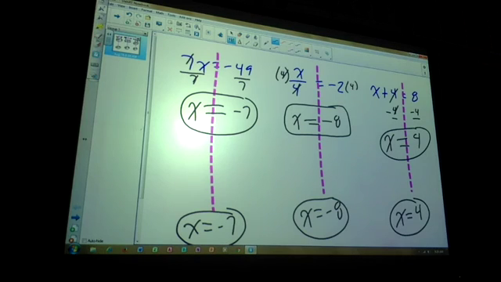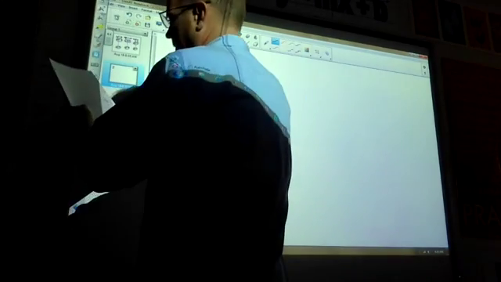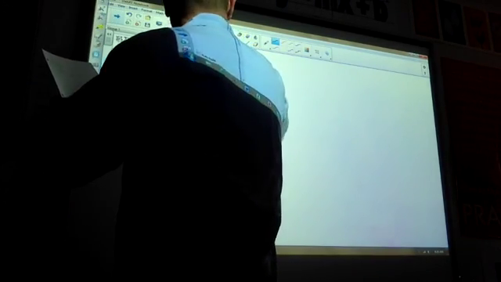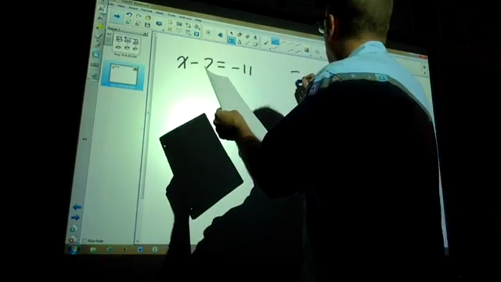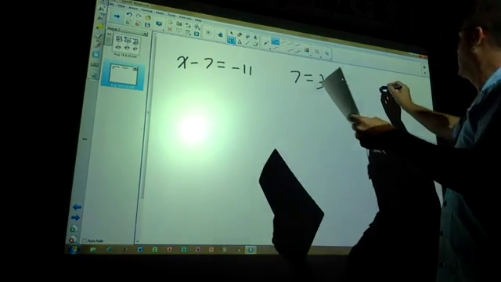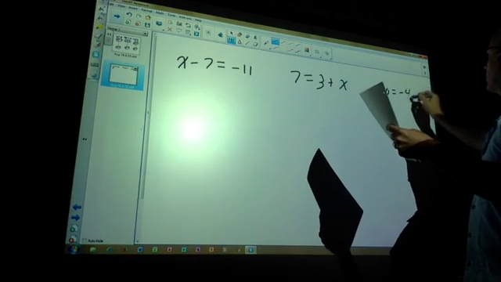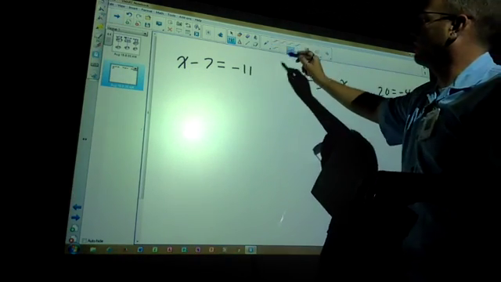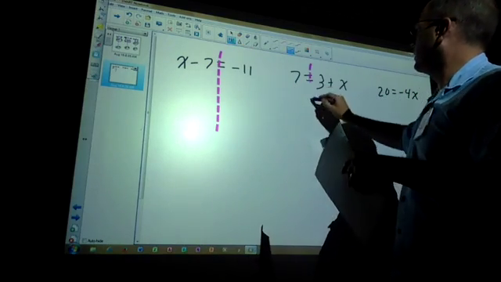Okay, so I have 3 problems left. Why don't I come back to these if you need them? So I have x minus 7 is equal to negative 11. Now I put the variable on the other side. And so let's just make this vertical line.